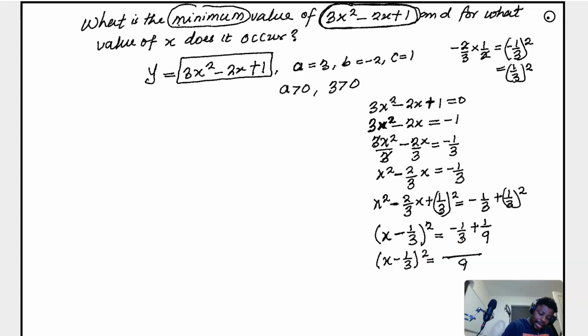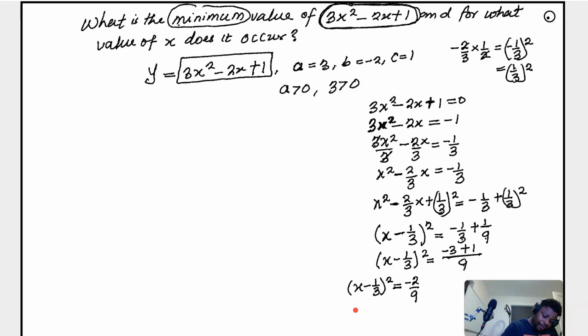So 3 in 9, that is 3 times minus 1, that is minus 3, plus 9 in 9, 1 times 1, that is 1. So here I have x minus 1 over 3 squared is equal to minus 3 plus 1, that is minus 2 over 9.